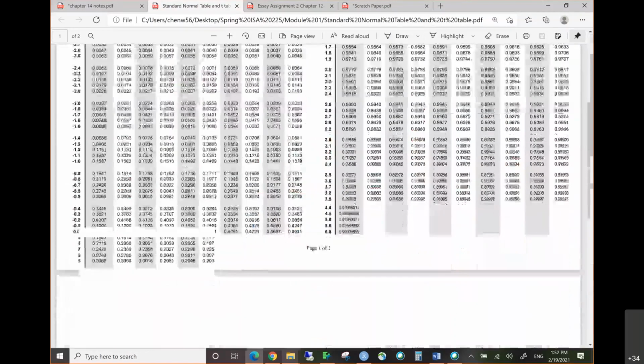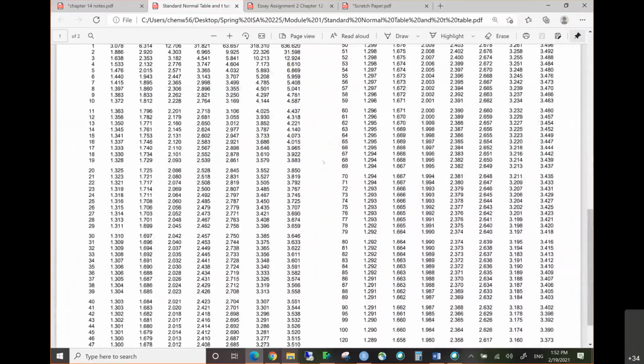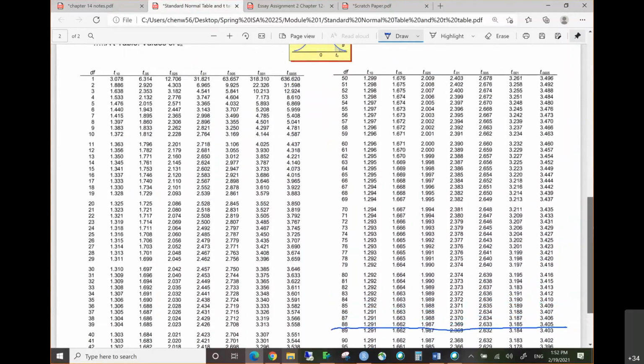which is the t table, because we have t-test statistics, right? And then we just focus on the line of 88. Right? And then based on this line, we find our test statistics.